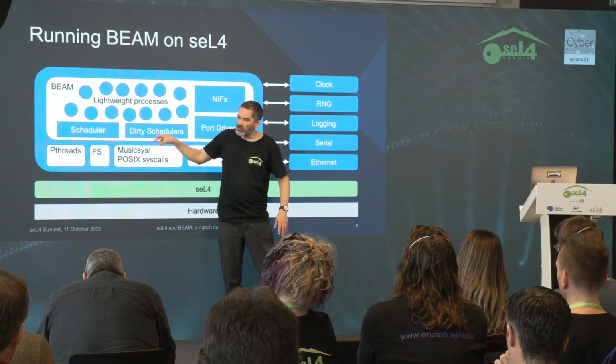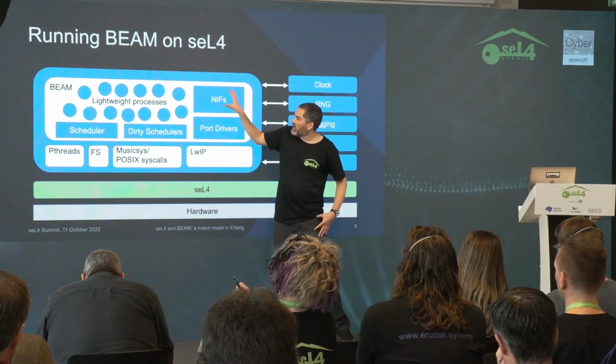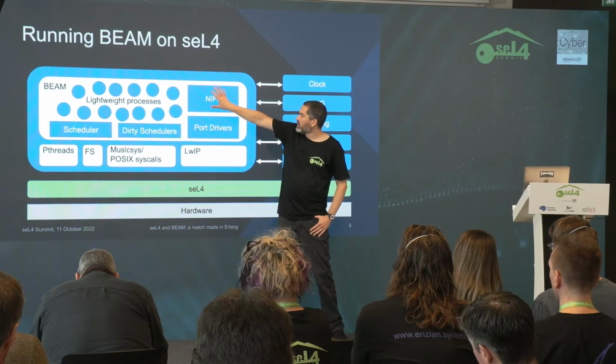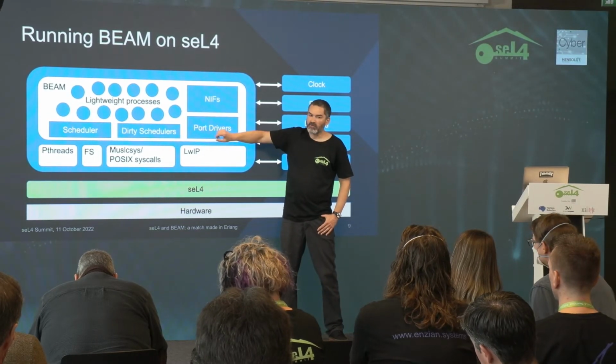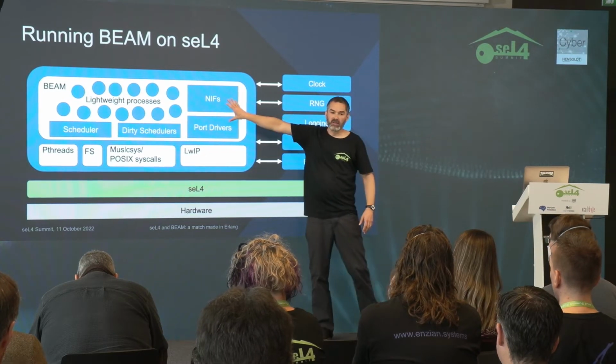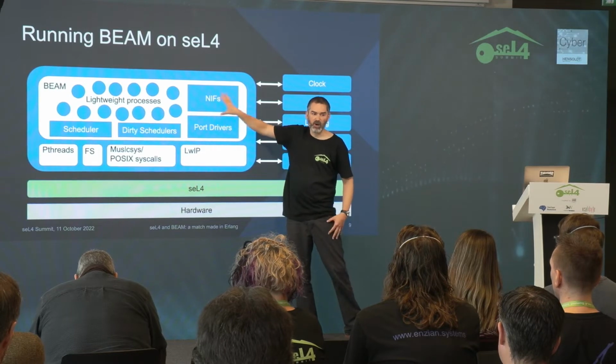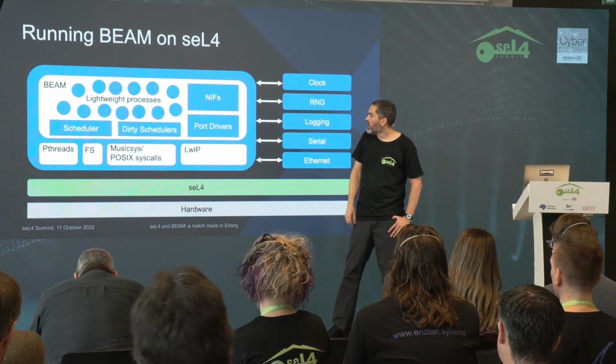We've got things called dirty schedulers, which are for blocking work, for I/O and stuff like that. And then Beam is extensible by adding these native functions and port drivers. So you can add your own C code into the Beam to do special things, right? But these are not protected. If these crash, the whole Beam crashes. So you want to avoid adding that code as much as possible.